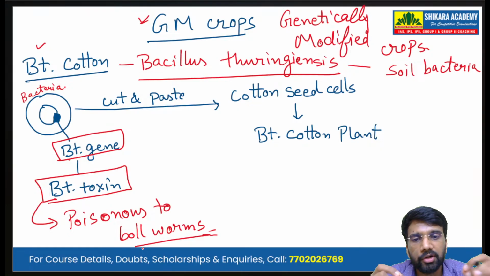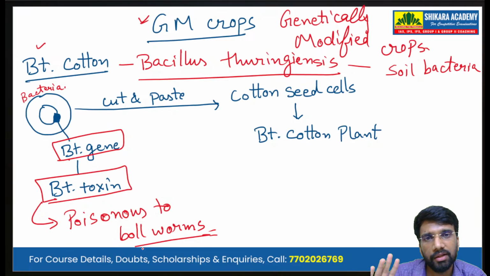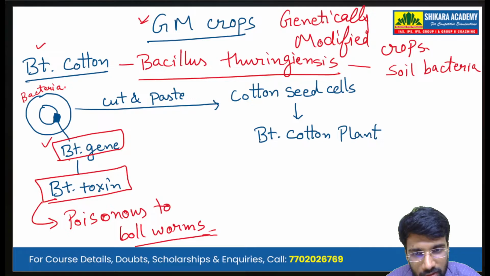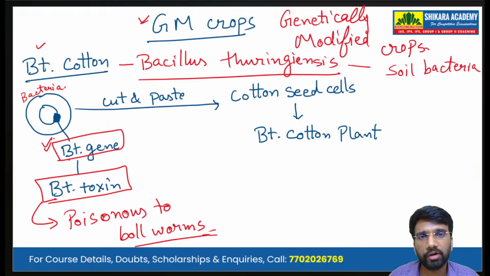If we introduce this Bt toxin into the cotton plant, then the larva will die and the crop will be safe. So now how can we make sure that the cotton plant is making this Bt toxin? For that, we have to introduce the Bt gene into the seed, or into the genome, of the cotton plant.